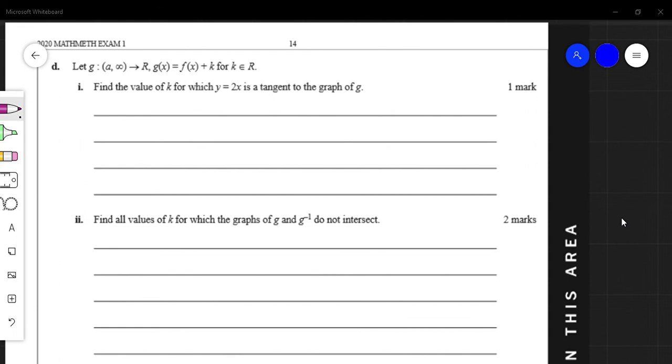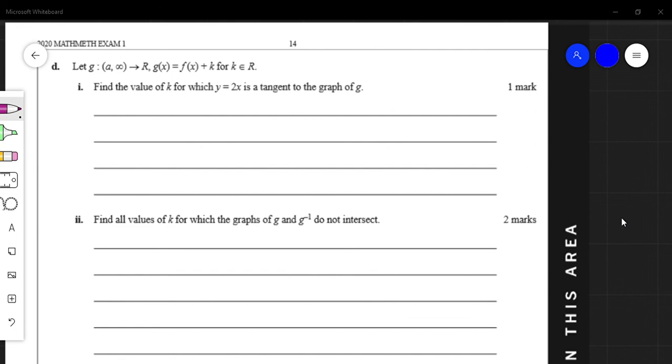We're trying to find the value of k for which y equals 2x is a tangent to the graph of g. That means that if it's a tangent, their gradients are the same and they share a point or more, at least one point where it touches. So first, I'm going to use the gradient.